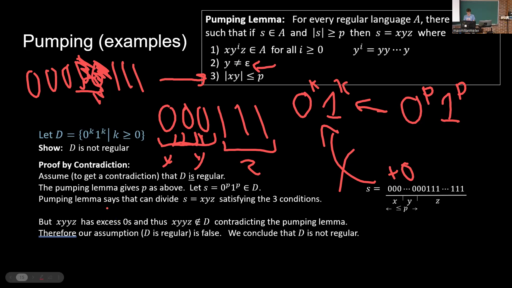So here, we prove that y has to always be zeros. No matter what y is, it's always zeros, which means it will always throw the original condition off balance. And so that's how we know we've done it correctly.